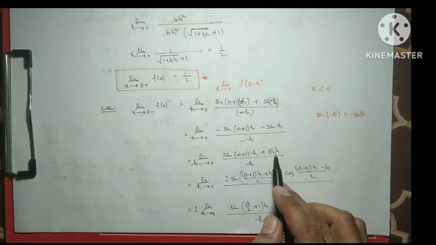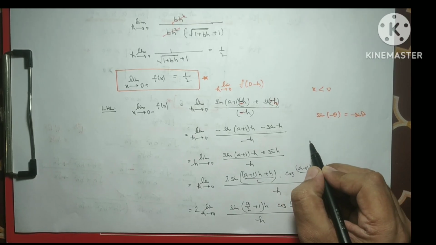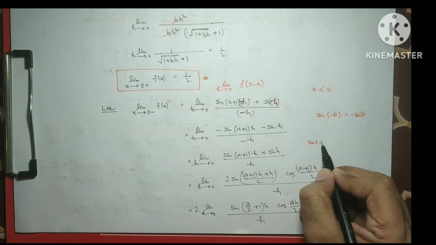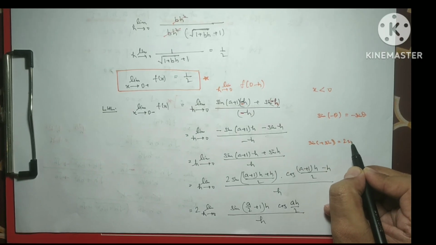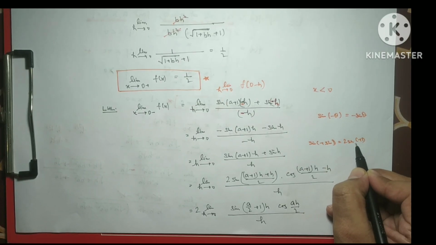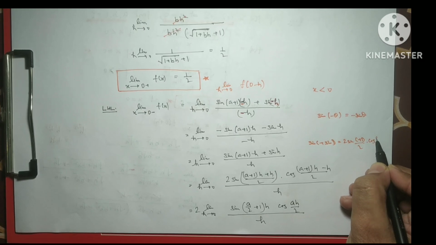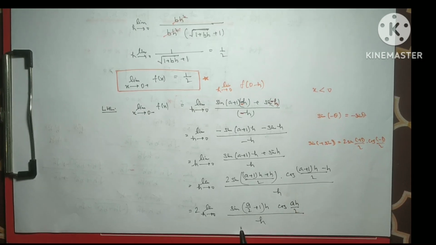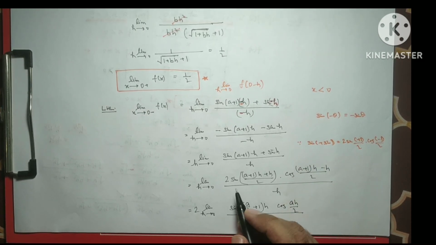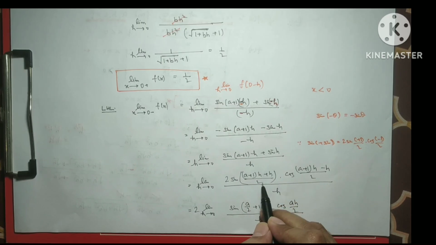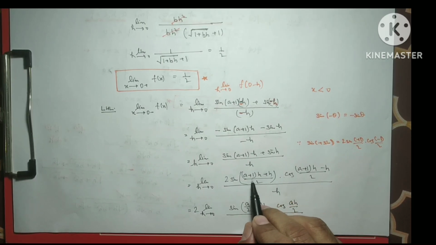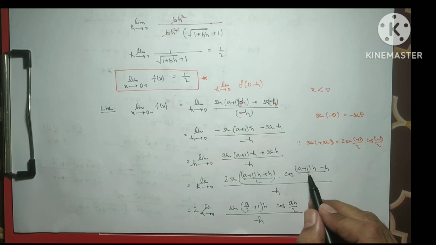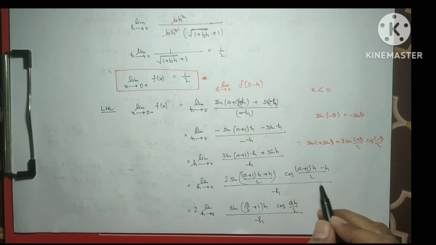Now we will use the formula for sine c plus sine d. It is 2 sine of c plus d by 2 into cos of c minus d by 2. So we use this sine of sum by 2 and cos of difference by 2. So the angle sum by 2, and this is the difference of angles by 2.